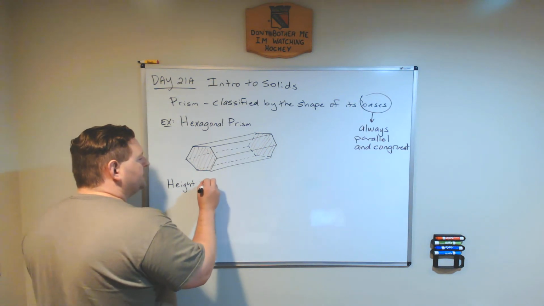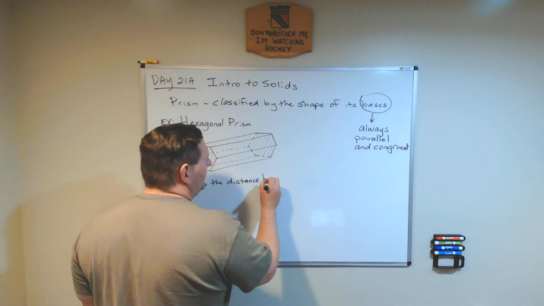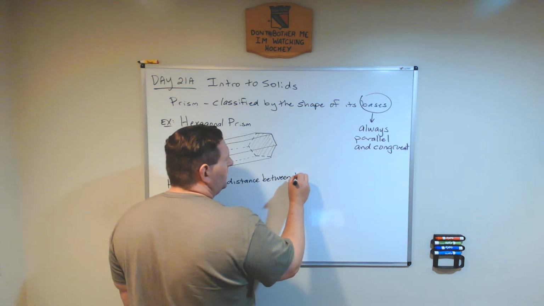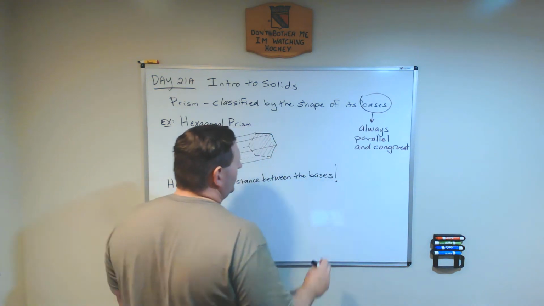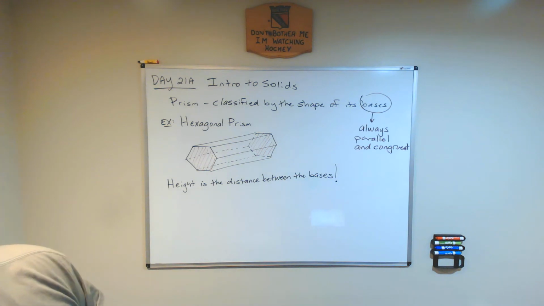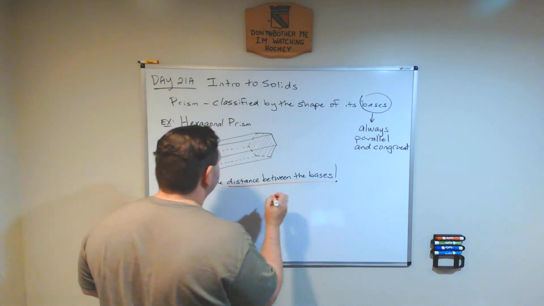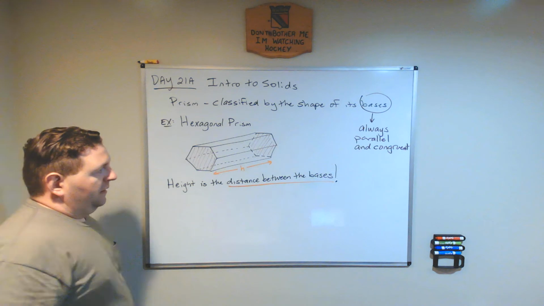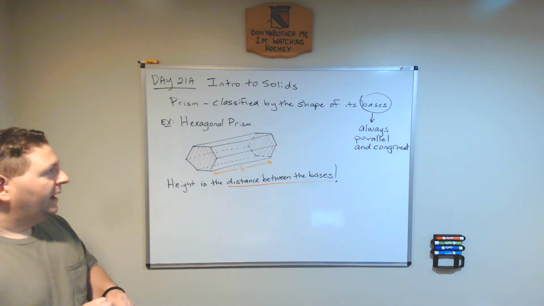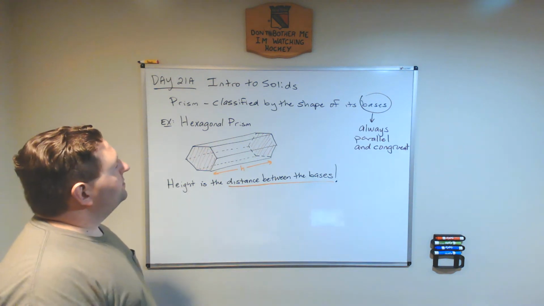The height is the distance between the bases. So on here, this is the height, from here to here. So don't be fooled. All right, so that's your basic idea for a prism.